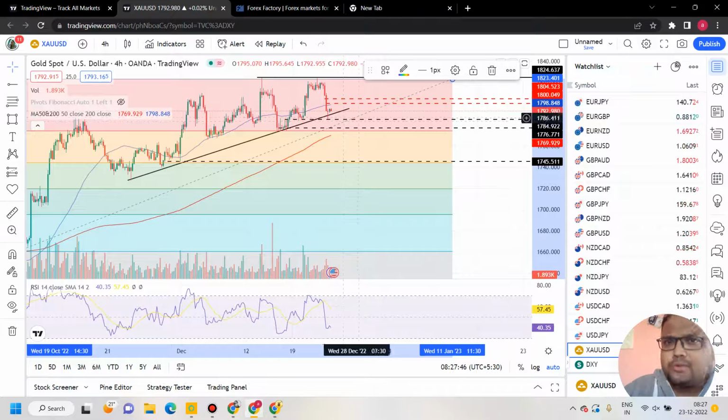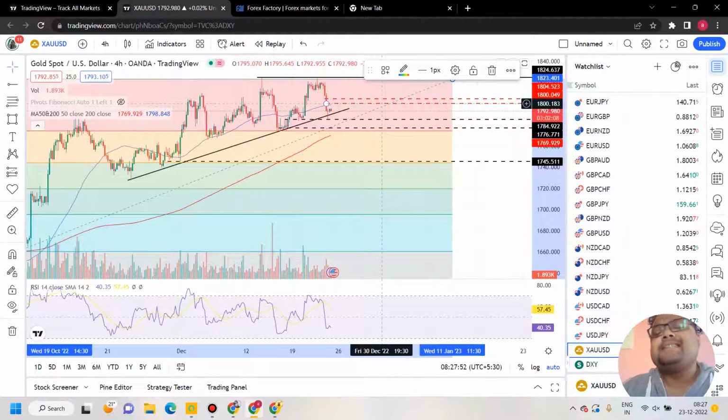The other support zones are very weak, and the resistance zones are also not much reliable because these are minor resistances that we are considering before Christmas. My dear friend, if possible, try to avoid taking any position because as a trader, you should know when to trade, obviously, but you should also know when not to trade in the market.